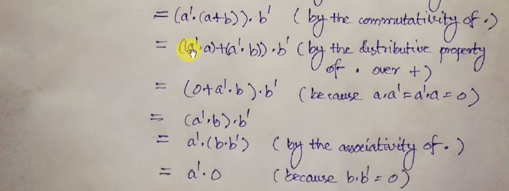A complement being the complement element of a, from the complementation law we know a complement into a is equal to 0, plus a complement into b, into b complement.